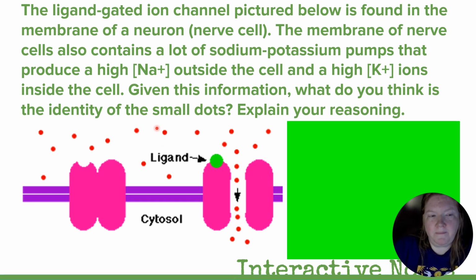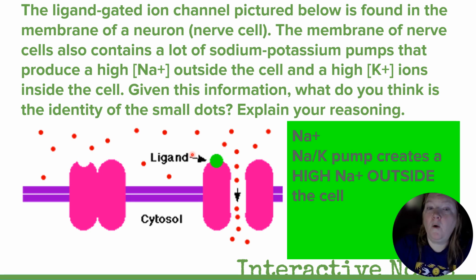So I can tell from this picture that there's a lot of them on this side. Well, this says it's the cytosol on this side. So that means this is outside of the cell, right? So which concentration is high outside the cell? Yeah, Na+. So why?